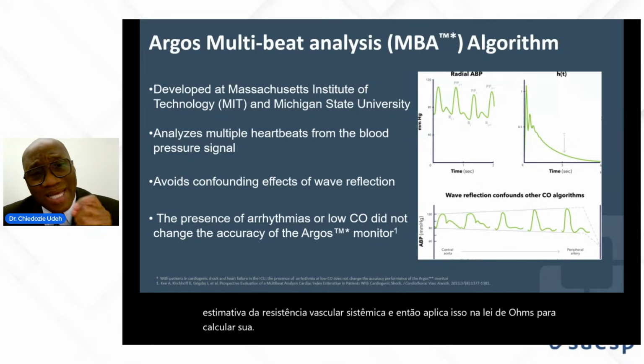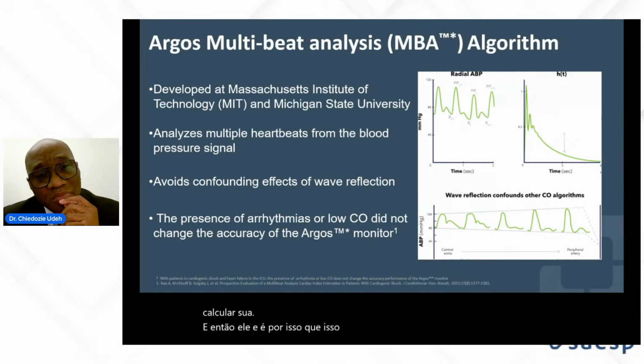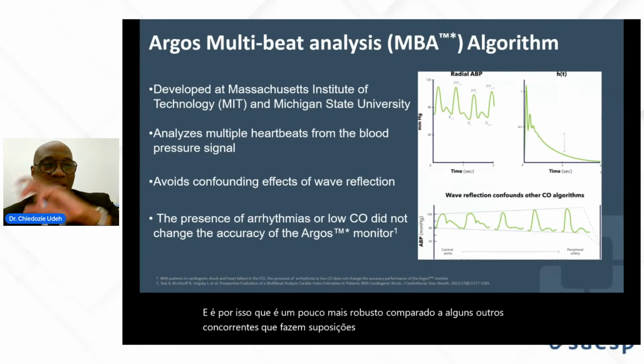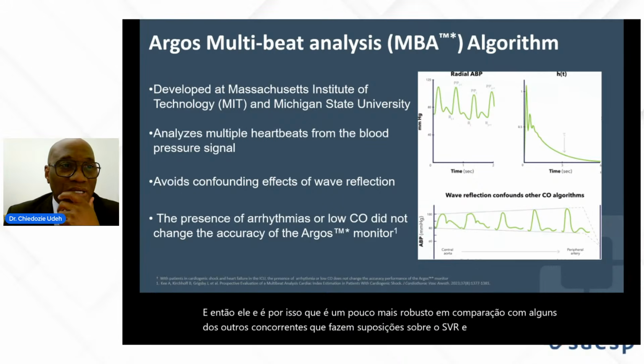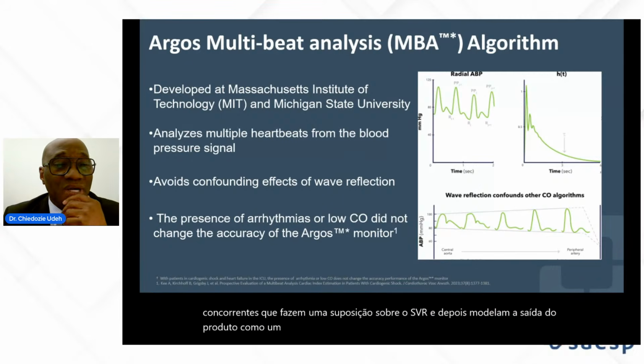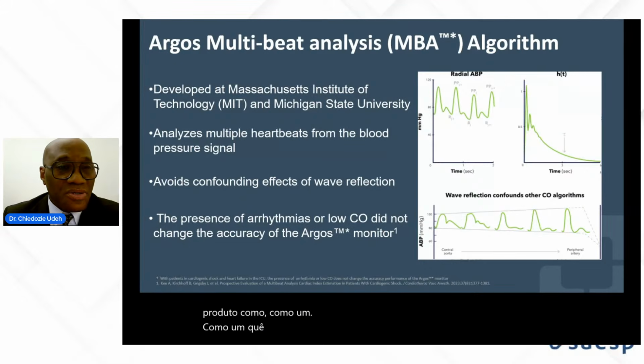This is why it's a little bit more robust compared to some of the other competitors that make an assumption about SVR and then model cardiac output as a factor of pulse pressure.